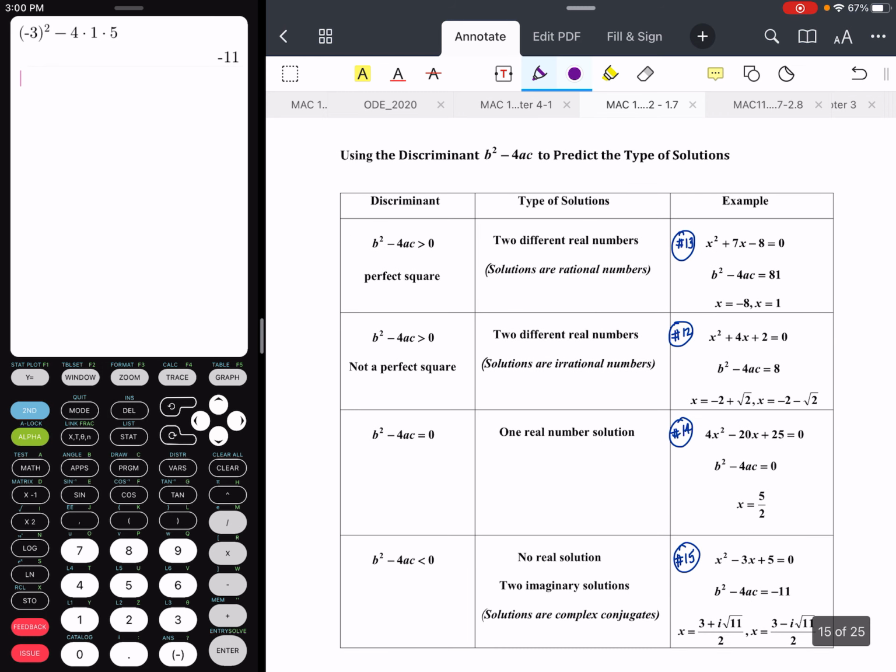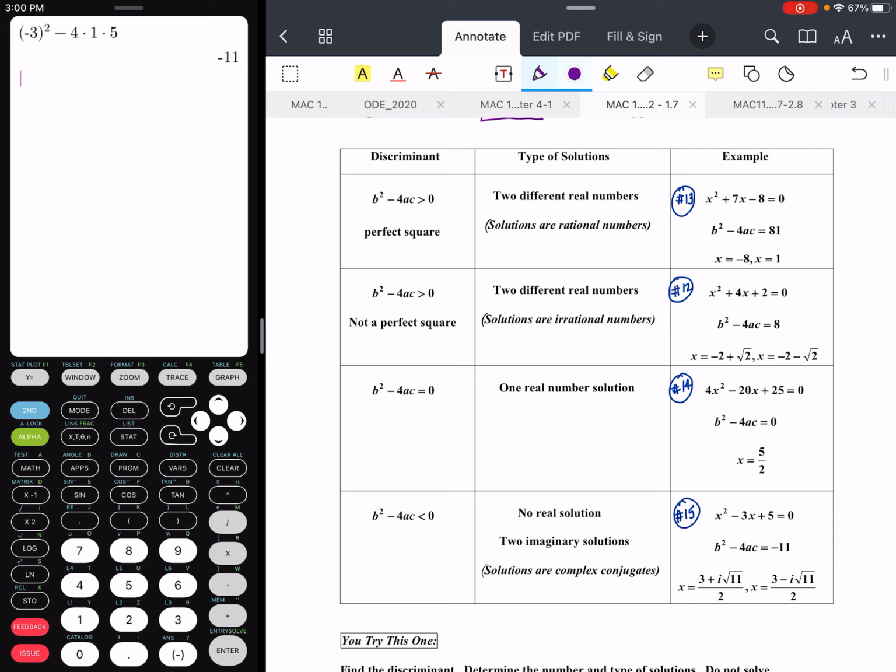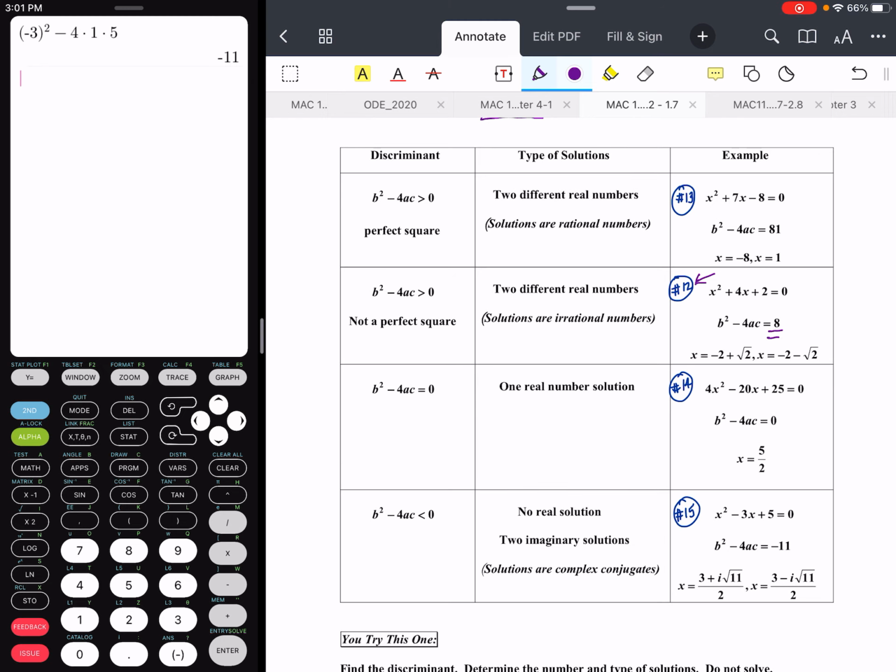All right, so throughout all of these examples, we were finding what's called the discriminant, b squared minus 4ac. This is the amount underneath the radical sign. And I've labeled each of these 4 examples. In number 12, we saw the case where when we calculated b squared minus 4ac, we got 8. That was a value that's greater than 0, so 8 is positive.